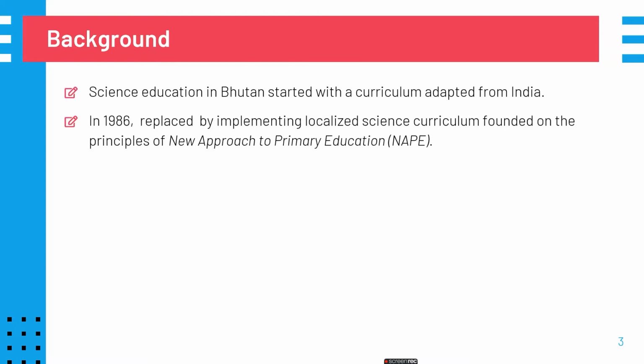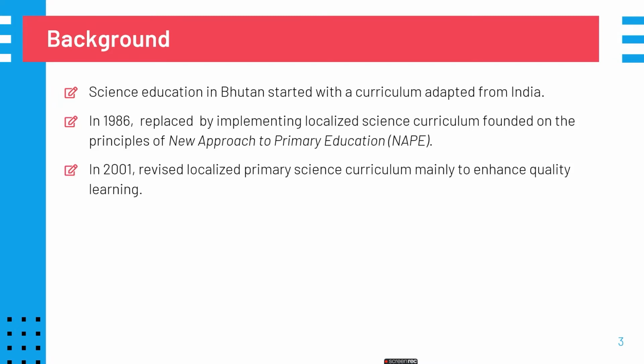Science curriculum in Bhutan started with the curriculum adopted from India. In 1986, this was replaced by a localized science curriculum founded on the principles of New Approach to Primary Education, that is NAPE. In 2001, this localized curriculum was revised to enhance the quality.